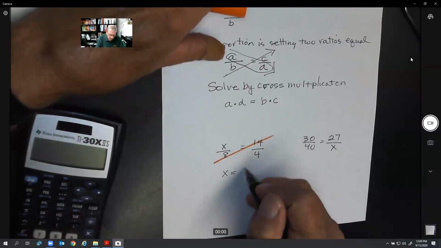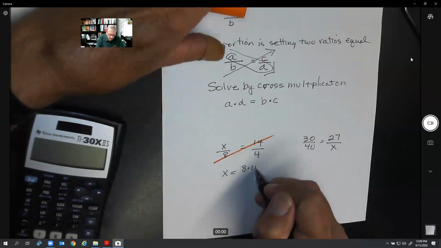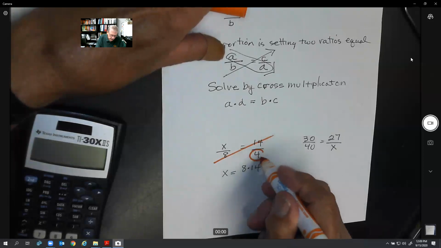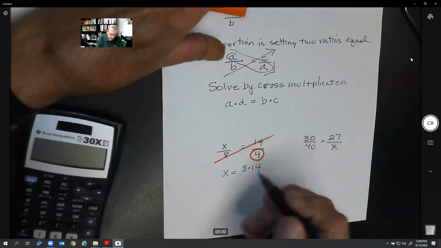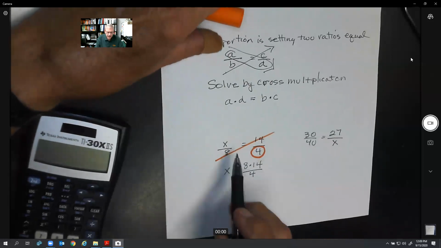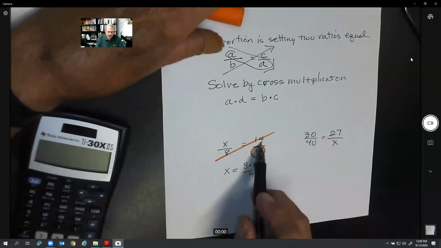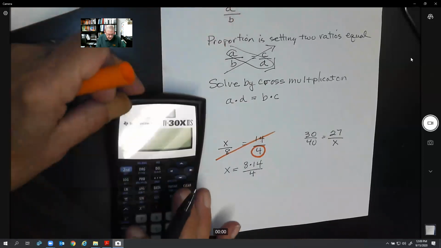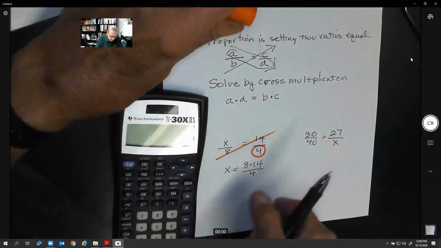So we're going to multiply those two numbers together, and then we're going to divide by the number that's left, the 4. Write it like that. So this is 8 times 14 divided by the number that's left. It doesn't matter where X is in this proportion.